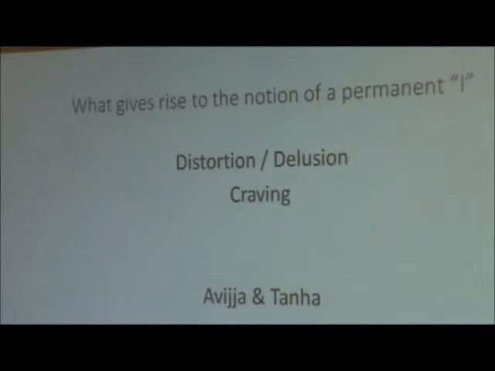But when you really see that these are habitual patterns, that my intentions come through my habitual conditionings, and when people do not see the very functioning of the five aggregates, they usually end up having an idea of a permanent I. So not seeing it, distortion or delusion.